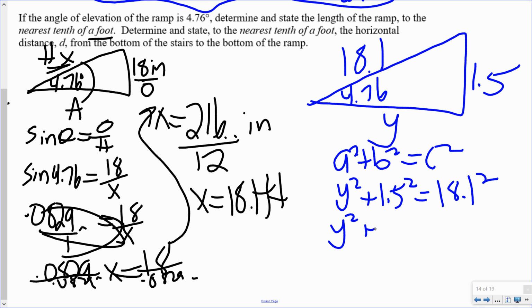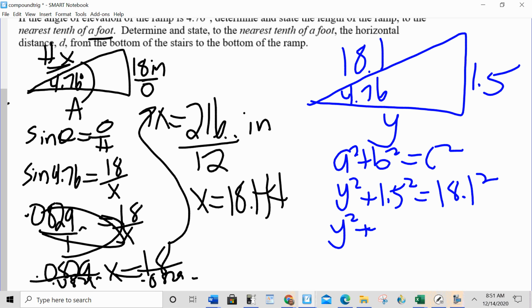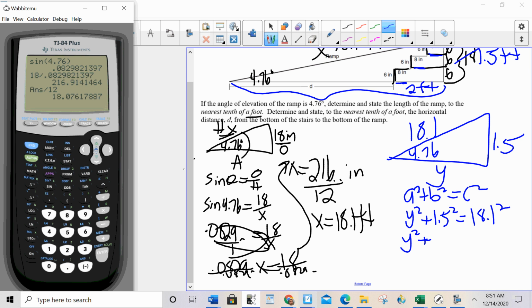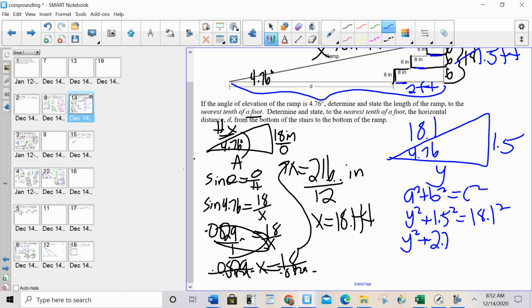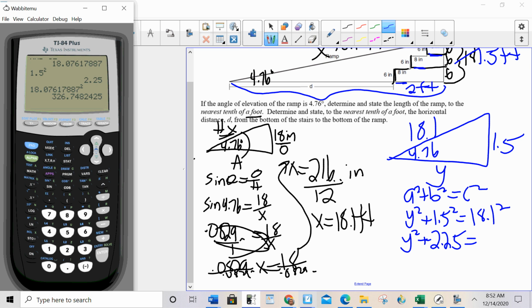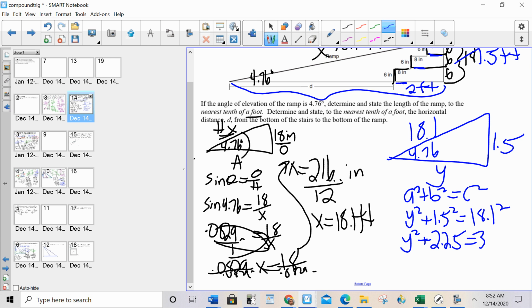So I need to do 1.5 squared and 18.1 squared. I'm going to take this whole thing and square it. So I've got y squared plus 2.25 equals 326, minus 2.25.